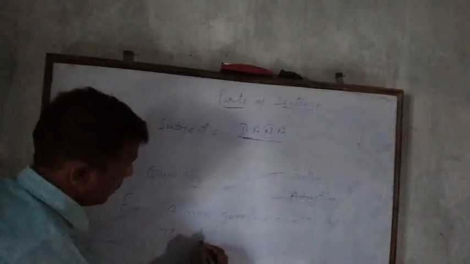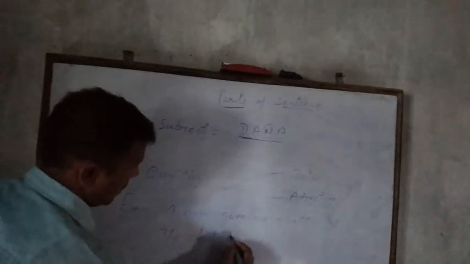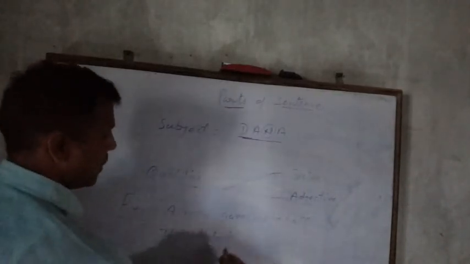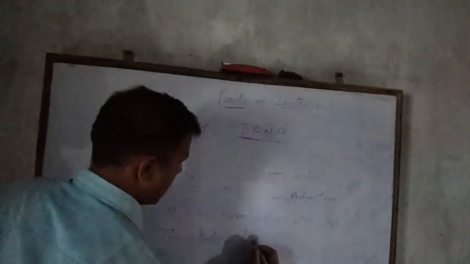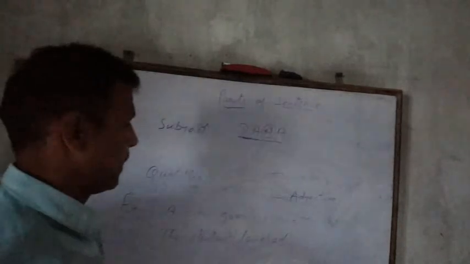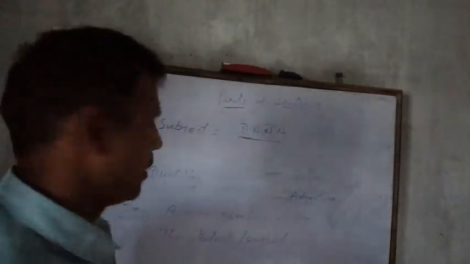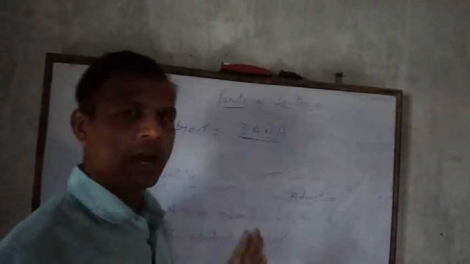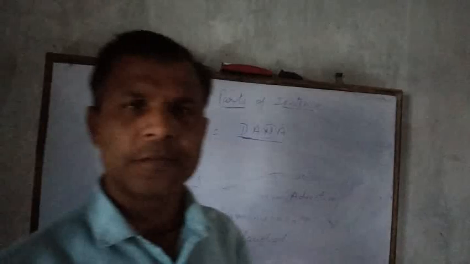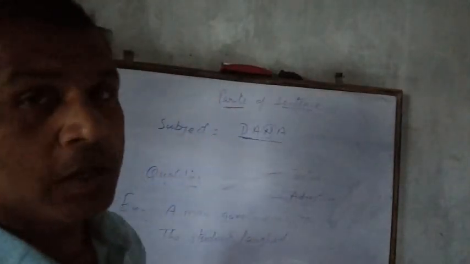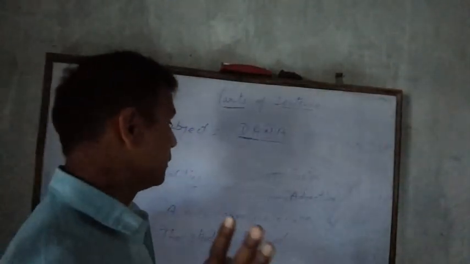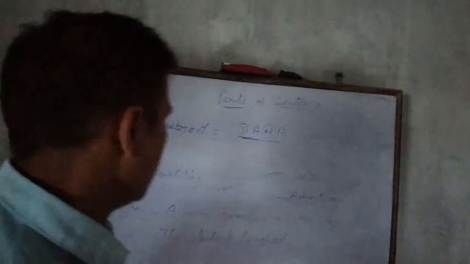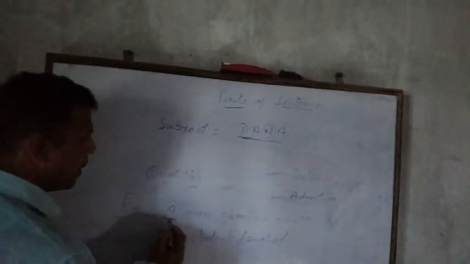The student laughed. The student laughed. Now here, what is the determiner and what is the head word? Let us discuss here. What is the head word and what is the determiner? So here, a man.